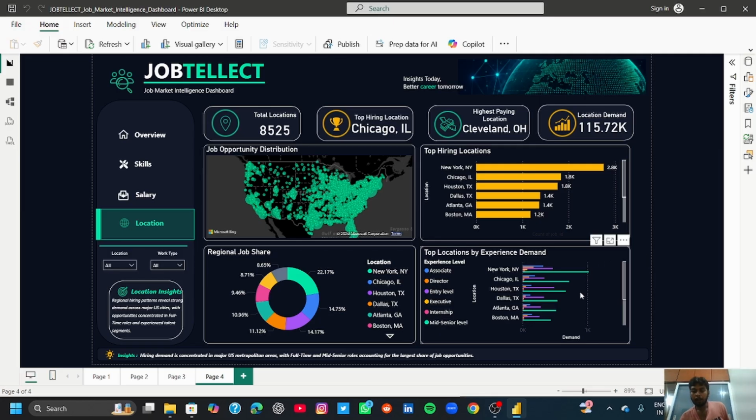Here are the top 10 locations. The location insights for the regional hiring patterns reveal strong demand across the major US cities, with the opportunities concentrated in full-time roles, and experienced talent segments also matter here.